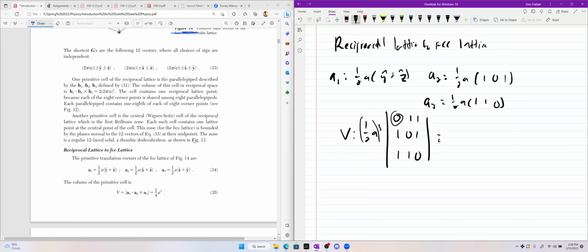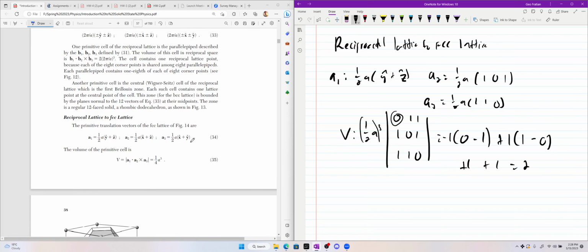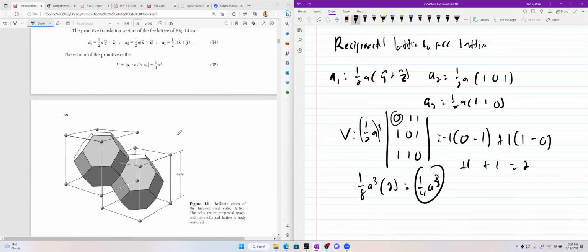So that equals minus 1 times 0 minus 1, plus 1 times 1 minus 0, which is minus 1 plus 1, oh, plus 1 plus 1, which is 2. So we get 1 over 8 a cubed times 2, which is 1/4 a cubed. That's how you calculate the volume of it. And that's what they get here.